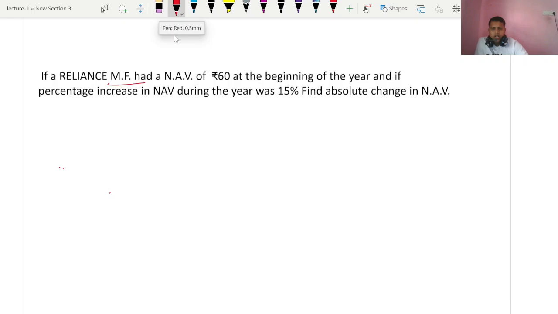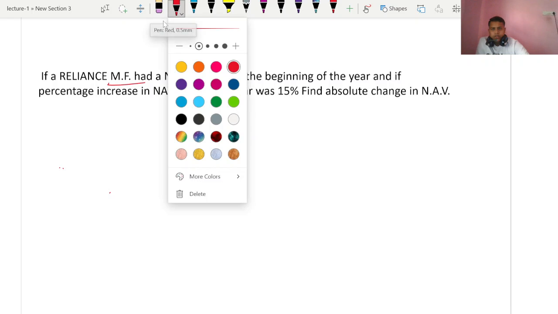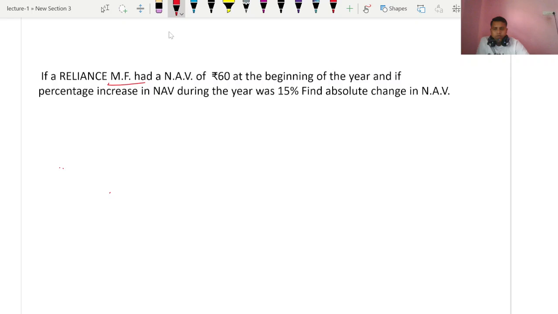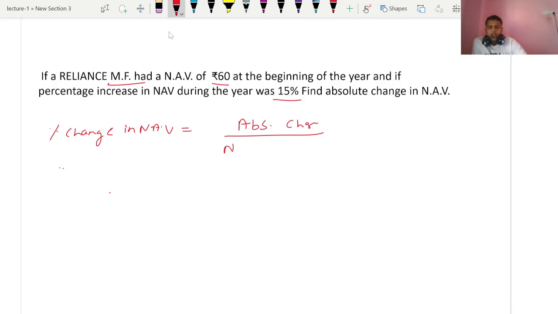If a Reliance Mutual Fund had a net asset value of 60 rupees at the beginning of the year, and if percentage increase in net asset value during the year was 15%, find absolute change in net asset value. So we have the formula percentage change in net asset value equal to absolute change by net asset value of beginning year multiplied by 100.